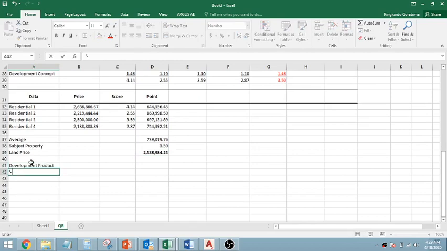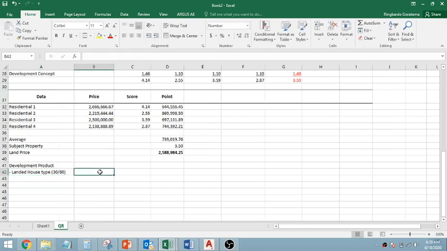So the development product, we want to build landed house type 30/60. So 30 is the building size, 60 is the land size. The construction cost for the landed house, let's say 3 million. The selling price for the landed house, let's say 3 million, and this is the selling price for the land.